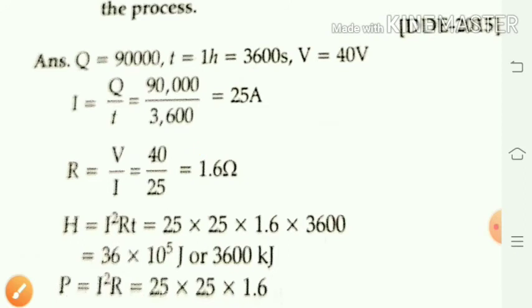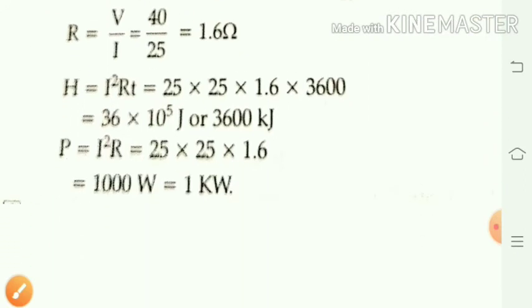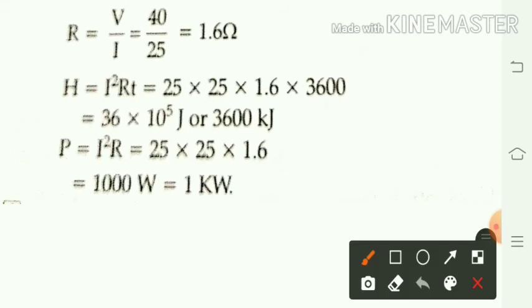Now, we have to calculate the heat energy generated as well as power. The heat energy generated can be calculated by the formula I square RT. Value of I is 2.5, its square is 6.25, R value is 16 and time is 1 hour, which means 3600 seconds.